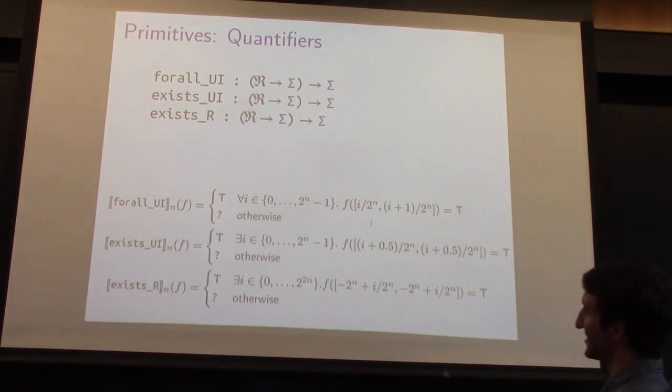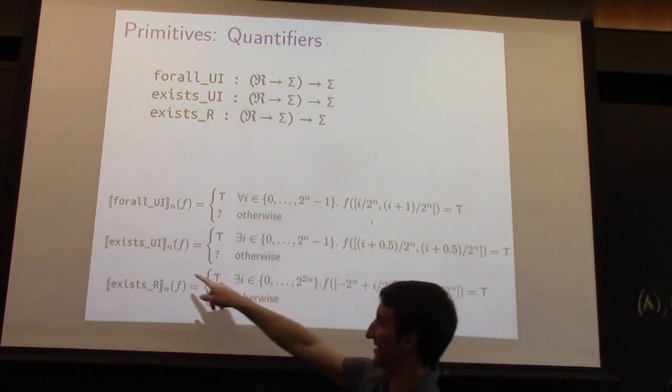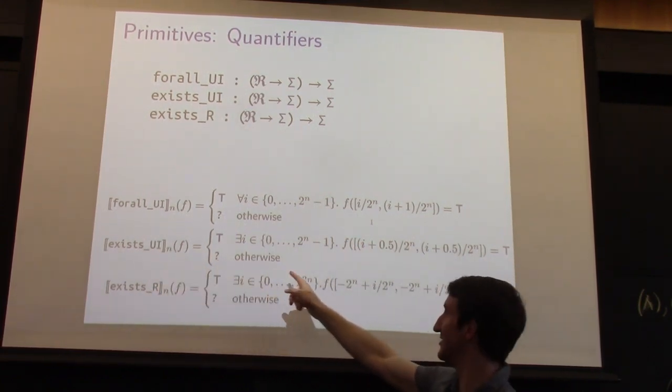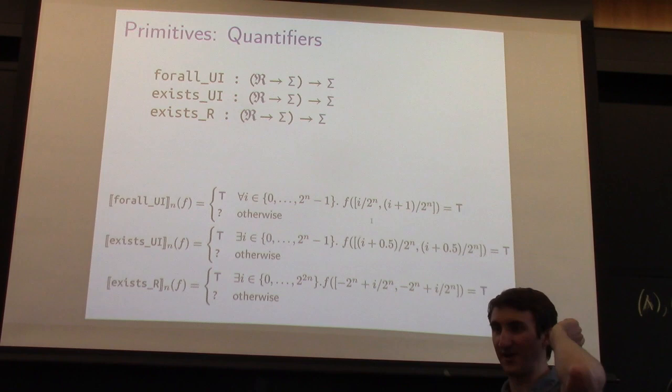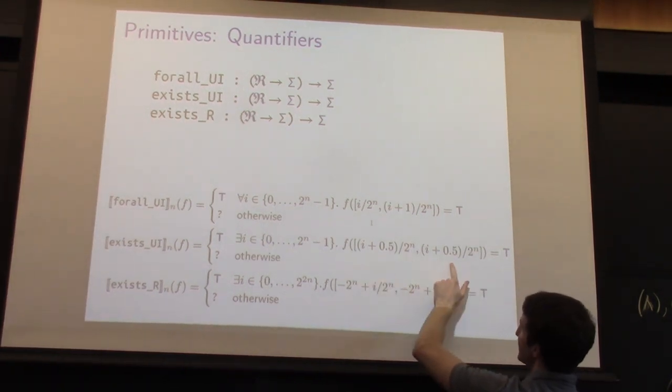And so similarly, we can do the quantifiers. Basically, we're doing a similar sort of search. I'll partition up the interval. If I want to know that an exists predicate is true on the interval, it suffices if I find it true at a point, then I'm good. So I'll just try f at a dense set of points.